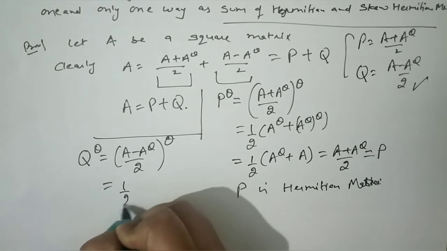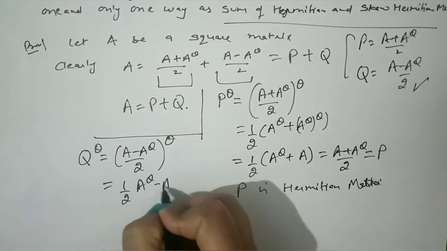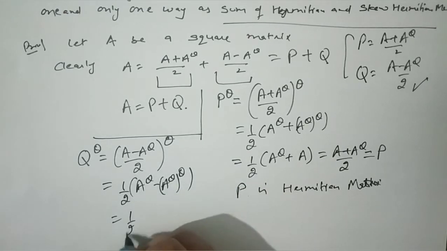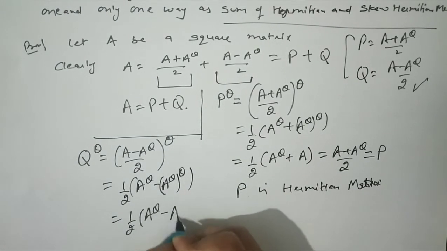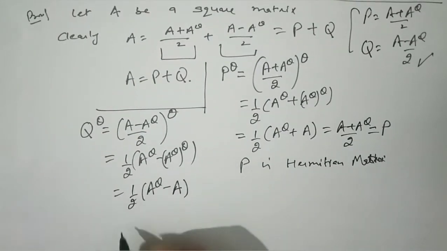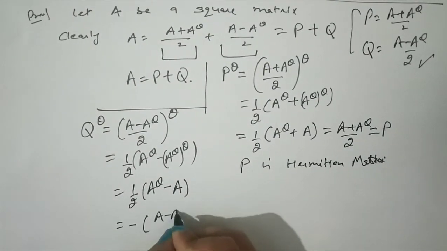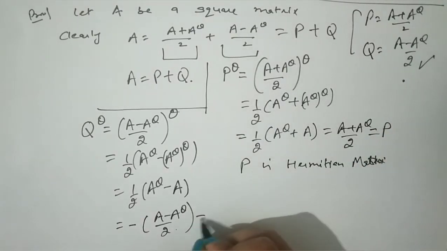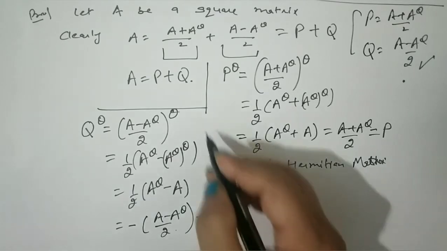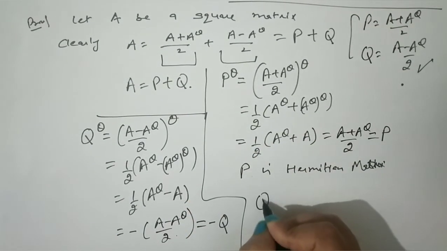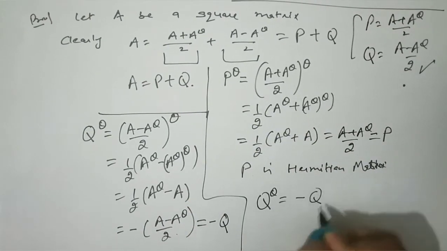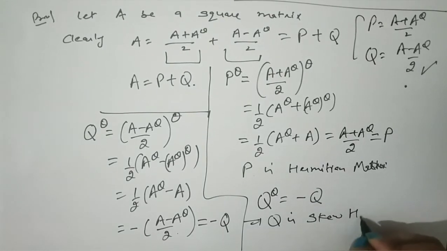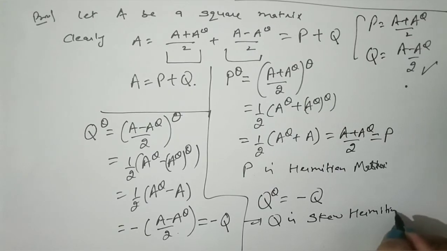In the same way, theta will go inside the bracket and we get 1 by 2 A theta minus A. After taking the minus sign common, it will be A minus A theta by 2, which is the value of Q. So Q theta is equal to minus Q, which means Q is skew Hermitian, which is the definition of a skew Hermitian matrix.